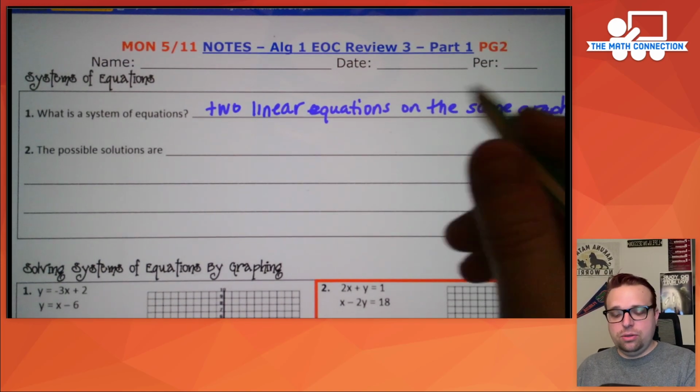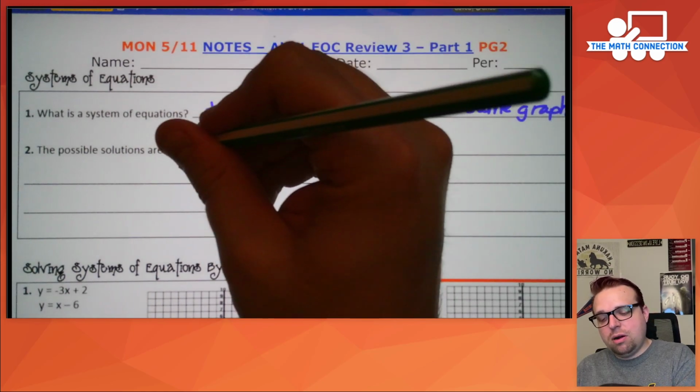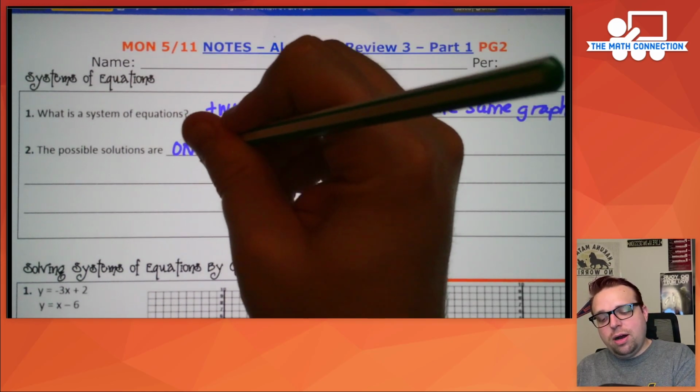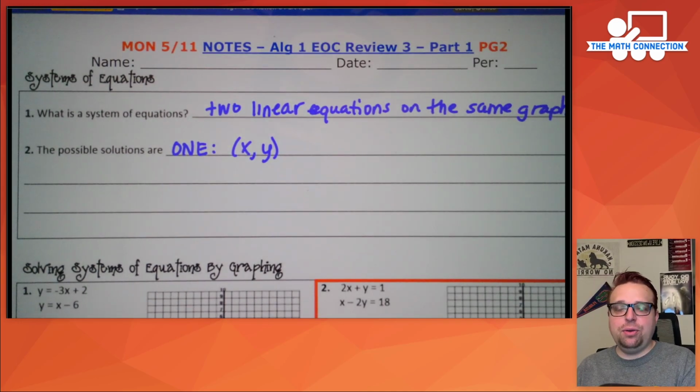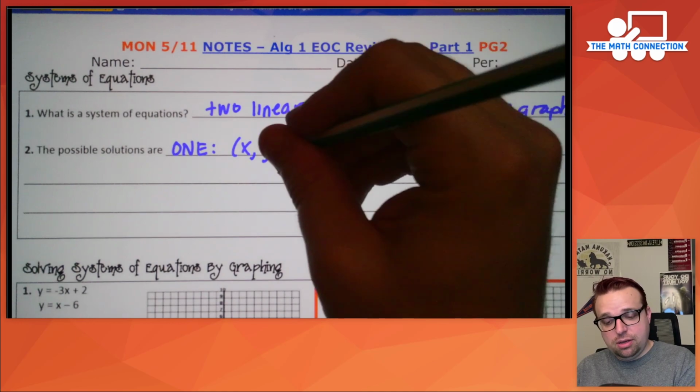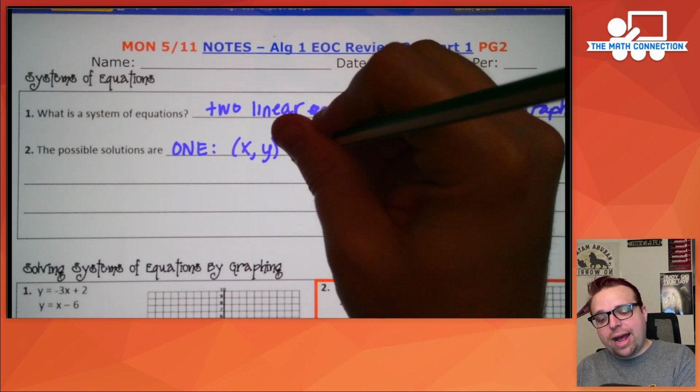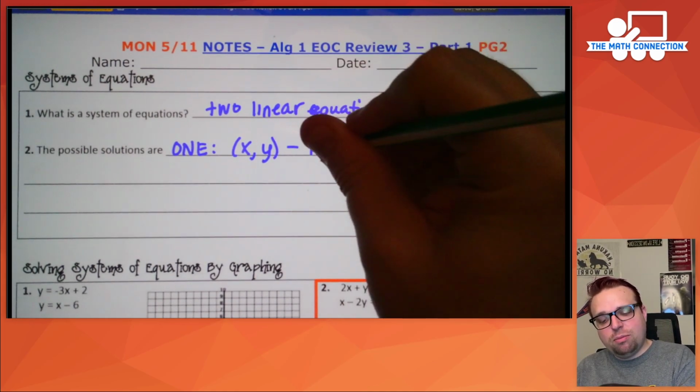And the possible solutions for a system are one solution where you have one x and y value that works in both equations. On the graph, the lines will be intersecting at one point.